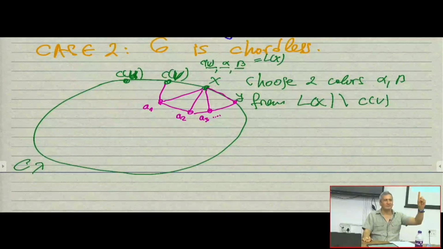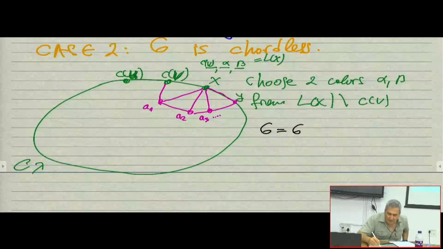What do I do? I consider this graph G prime, which is G minus X. I remove the vertex X. I get a smaller graph, yes? Is it 2-connected? Yes, because I have no chords.